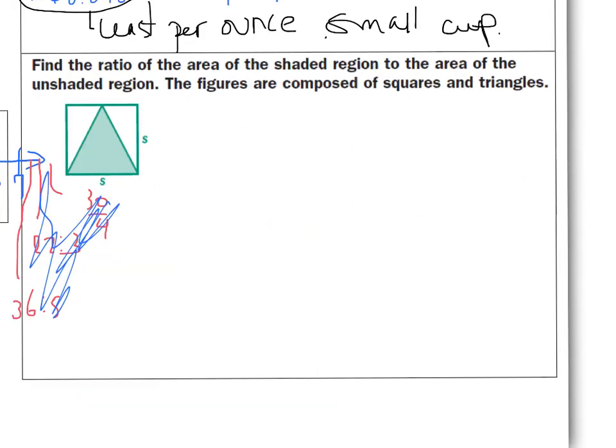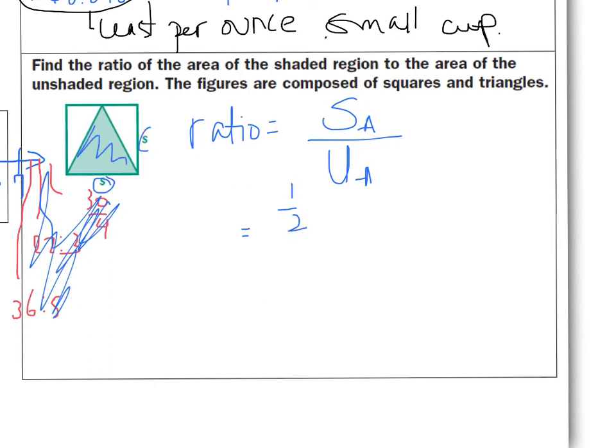Find the ratio of the area of the shaded region to the area of the unshaded region. The figures are composed of squares and triangles. So I'm going to let the ratio equal the shaded area over the unshaded area. The shaded area is just a triangle, so to find the area, I would do half times the base times the height, which is half s squared.